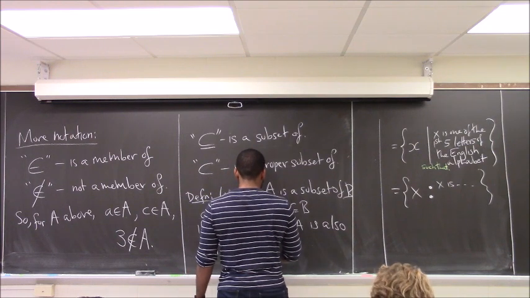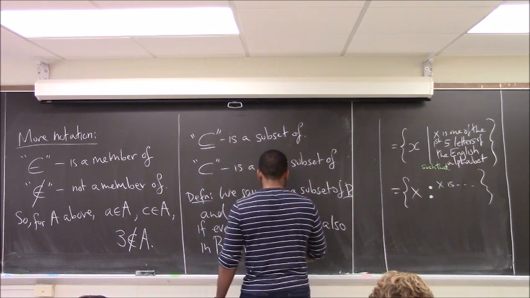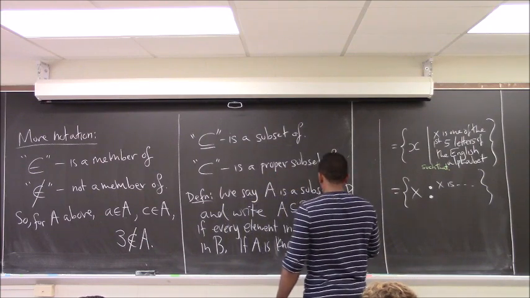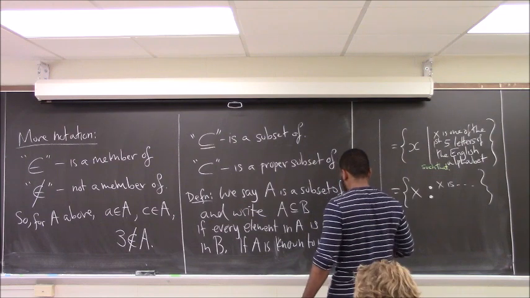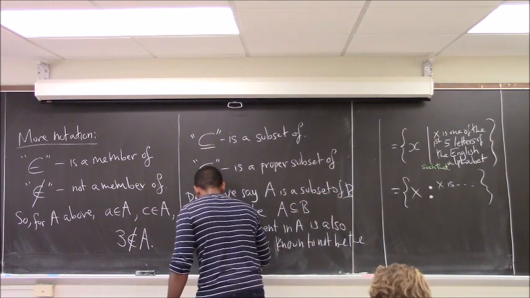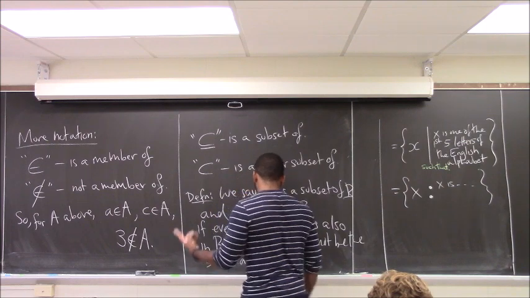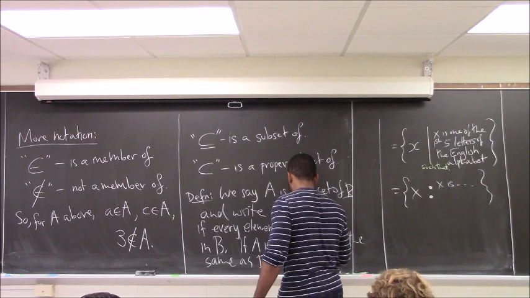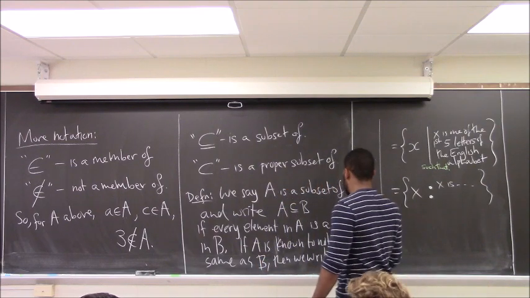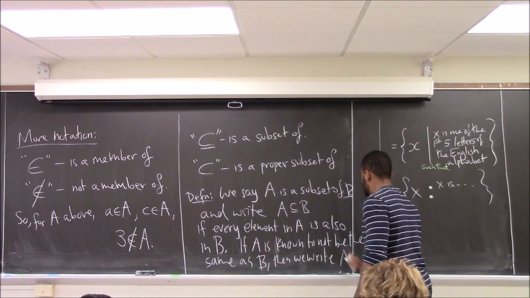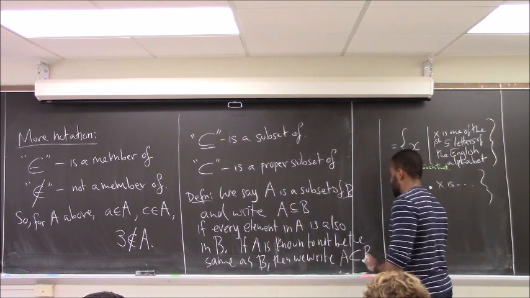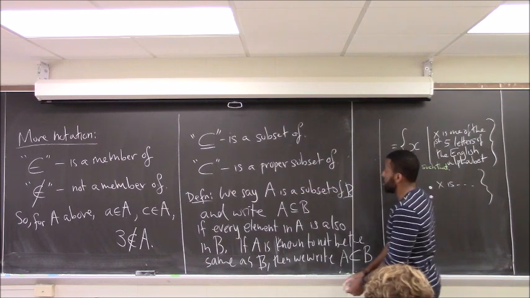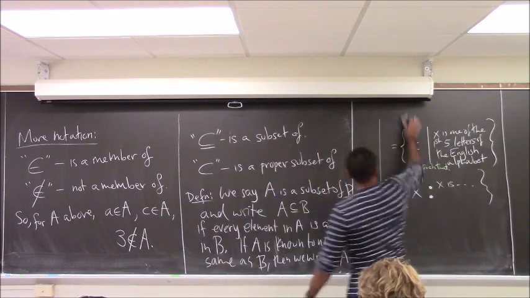If A is known to not be the same as B, remind me, I should tell you what equal means. Then we write A a subset of B without the equal. So this means it's a proper subset, whereas otherwise potentially they're equal. And what does it mean to be equal?